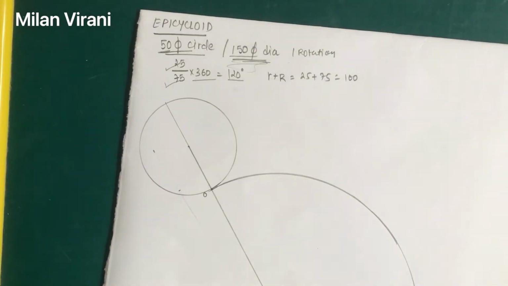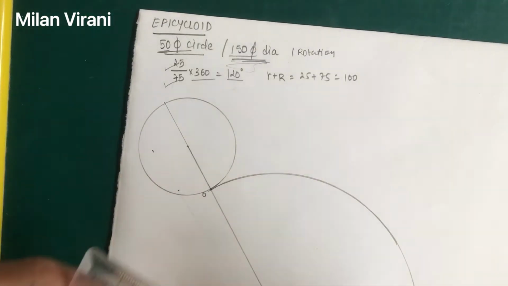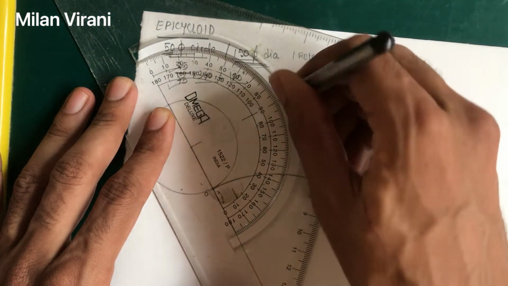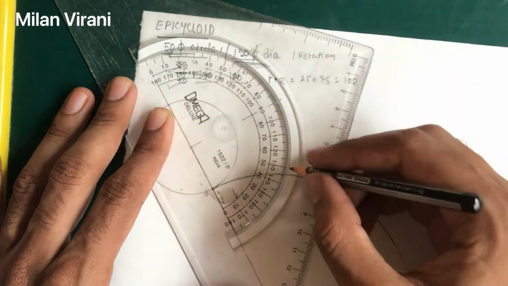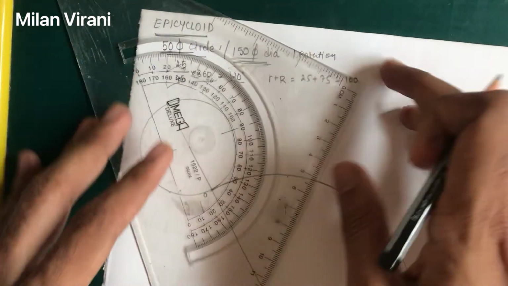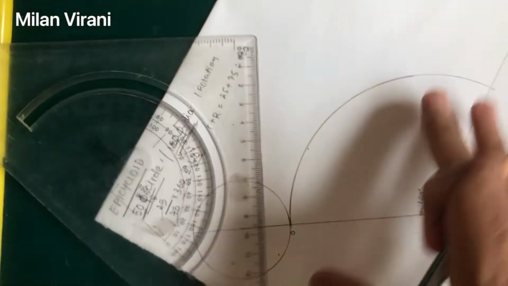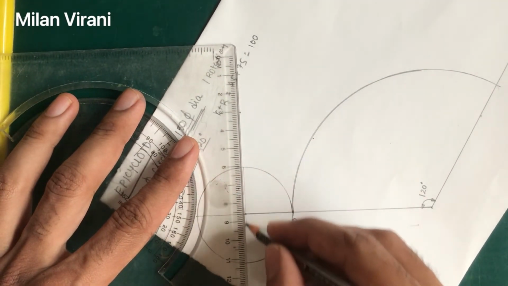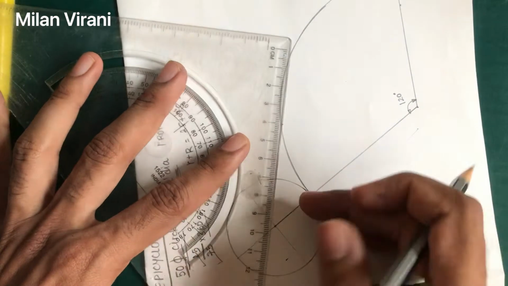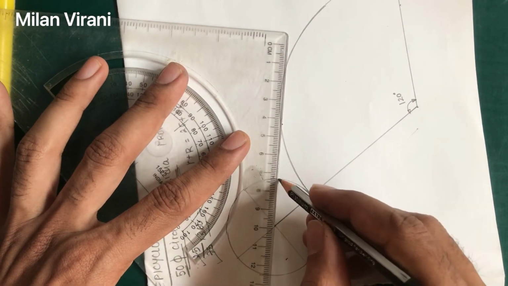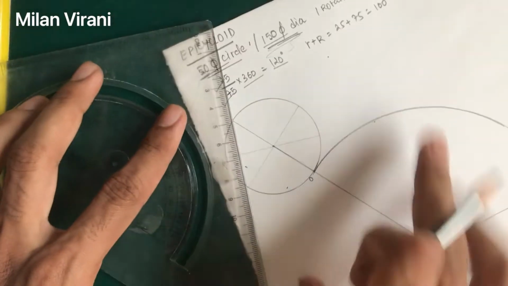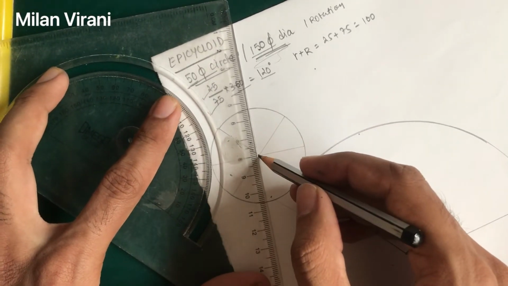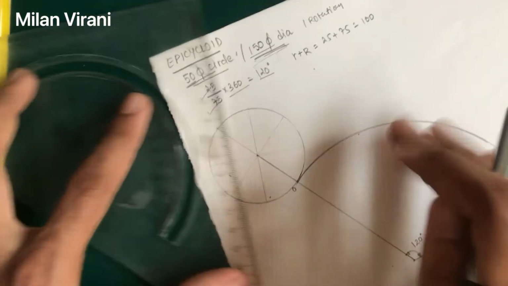Now first we will divide this circle into 8 equal parts, as per the cycloid.